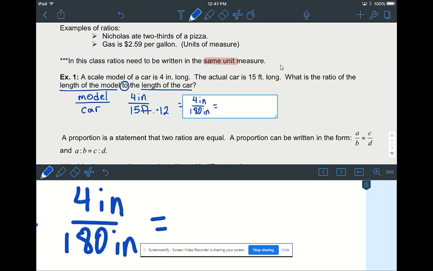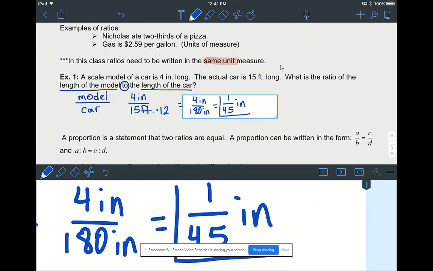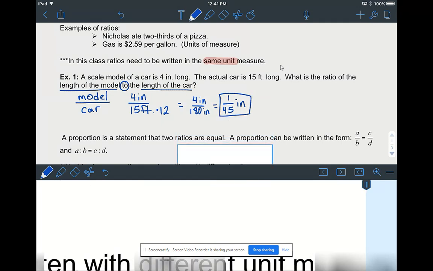So 4 divided by 180, and you hit math, enter to make it a fraction. That would be 1 over 45 inches. So what's the ratio of the length of the model to the length of the car? For every 1 inch of the model, that equals 45 inches of the actual car. That would be our answer.